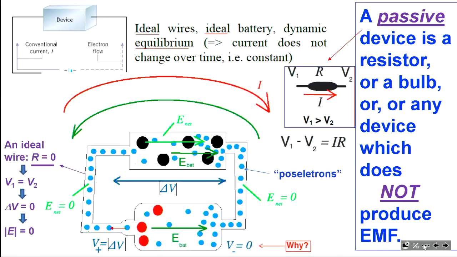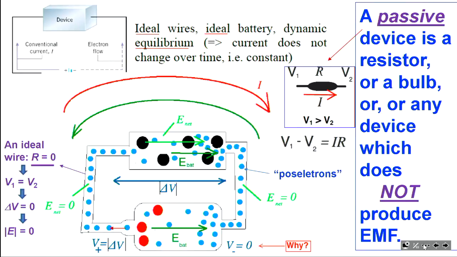So it will be pushed away, but because a wire has no resistance, it will be sliding down this wire with constant velocity, like a box sliding on a frictionless surface. So we don't have to keep pushing it.